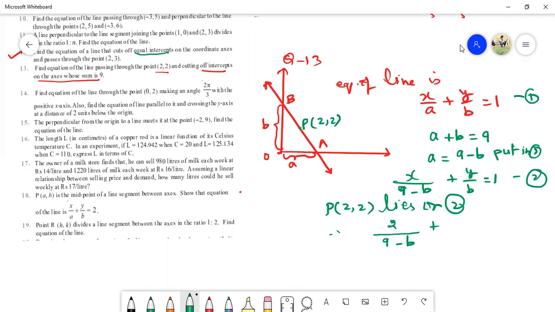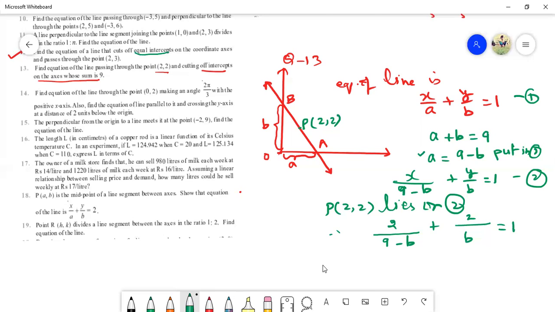Then after that, we have to apply the given conditions to get the unknown values A and B. So here, as this point lies on the line AB, this equation of line will be satisfied by the point. So we can put the values of x and y as 2 and solve it to get the value of B. Once the value of B comes, we will put it here to get the value of A, and B will be substituted in equation 1 to get the answer.